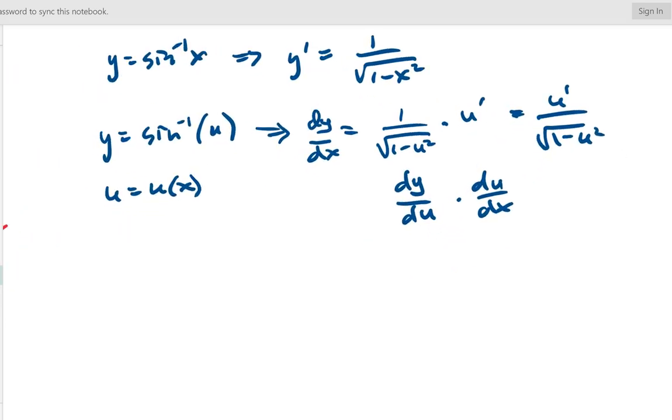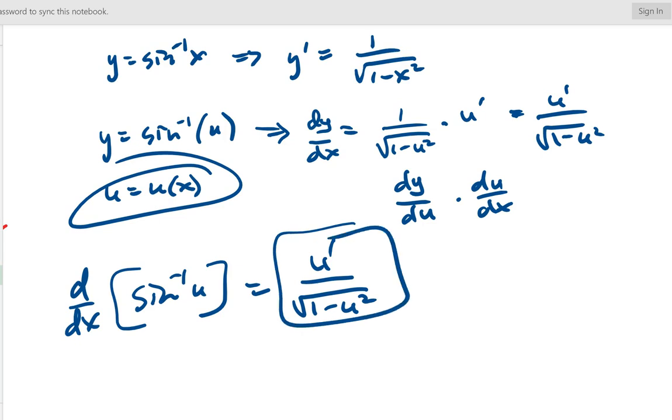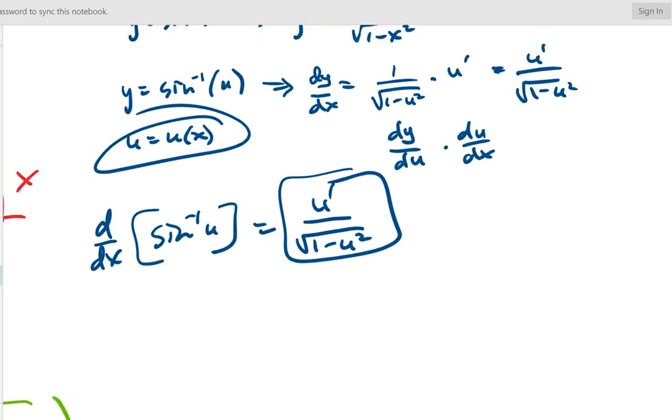So to sum this up, if you take inverse sine of u and you want to take its derivative with respect to x, assuming that u is a function of x, this is just u prime over the square root of 1 minus u squared. This you should probably memorize. Now let's look at tangent.